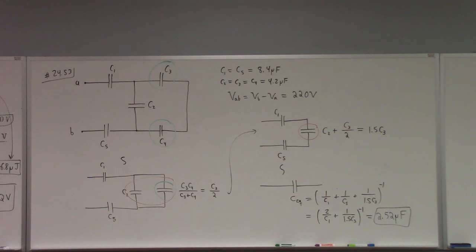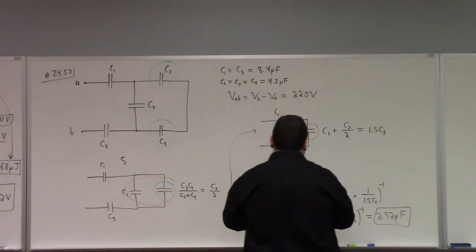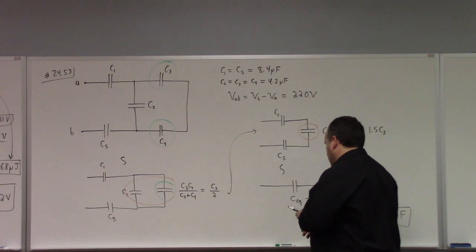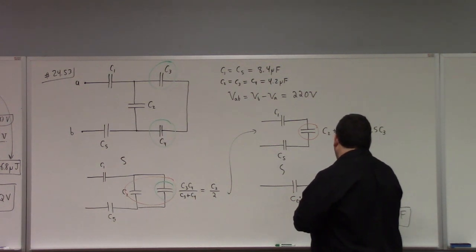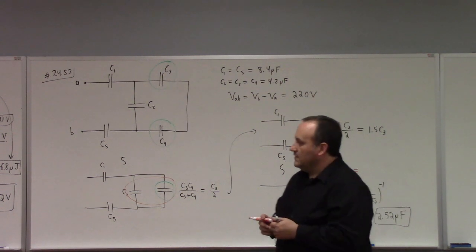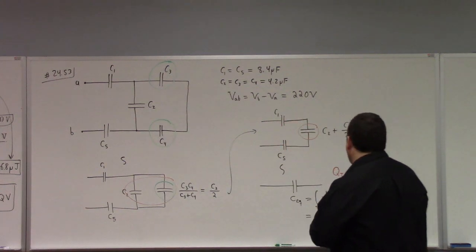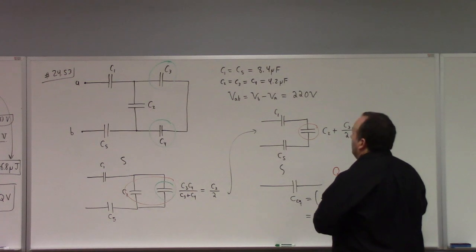Excuse me. All right, so then we want to find the charge. Then, let's talk about how do we find the charge. All right, so what's the total charge? Q total is, how do we calculate? CV, right? So C equivalent times my 220 volts.